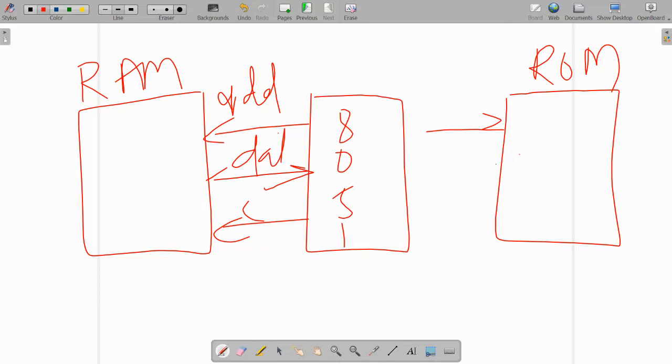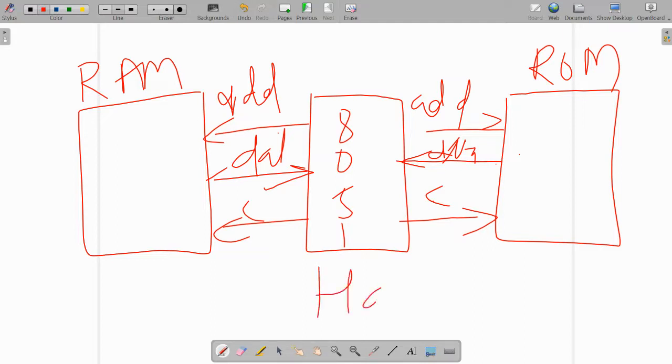ROM data you can just read. So data bus is this, address bus is this, and control bus is this. So this architecture is called Harvard.